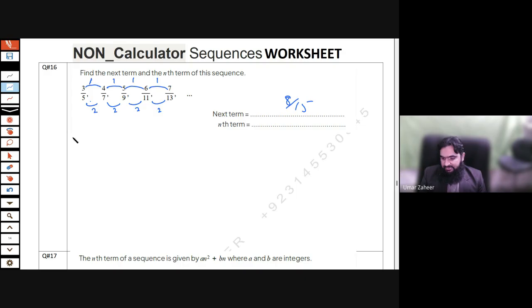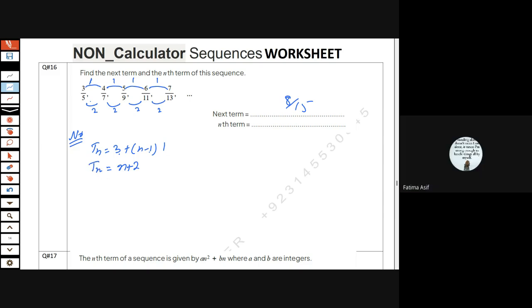For the nth term, we have to talk about the numerator first of all. The numerator will be Tn equal to a plus n minus 1 into d. That will be 3 plus n minus 1, it is n plus 2. Is it clear?